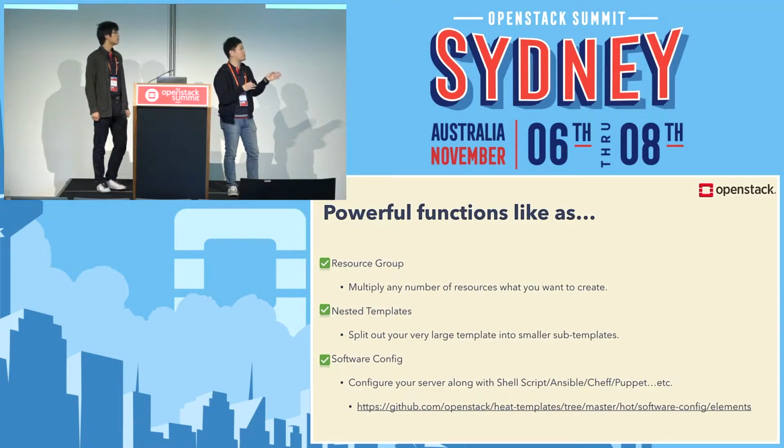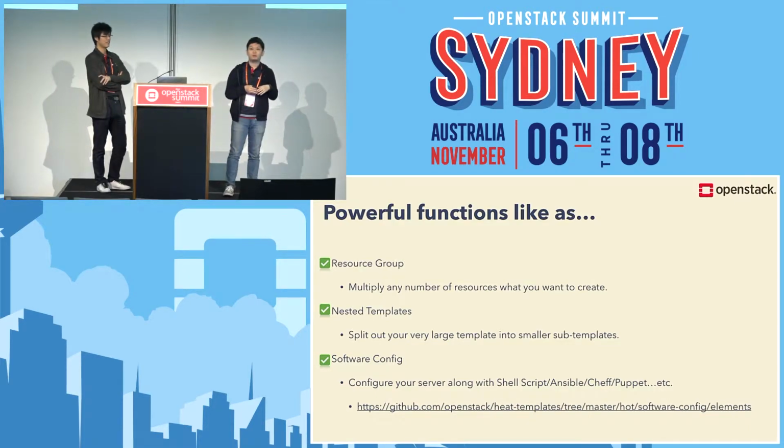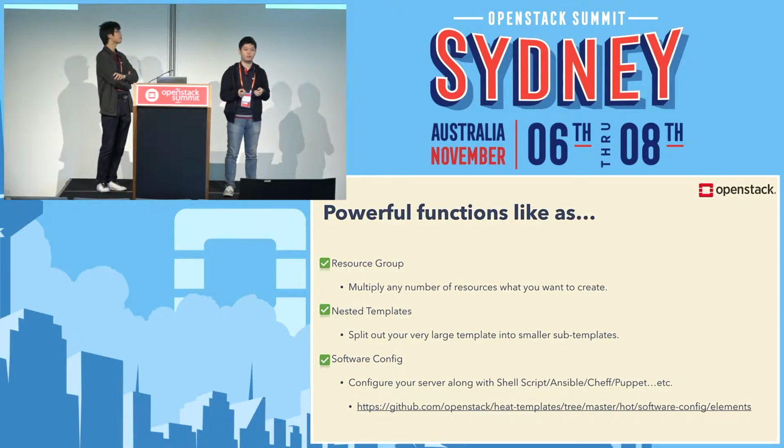And also, rather than just provisioning your resources, I just picked my favorite functions of Heat. For example, maybe you have more than 50 or 60 Nova instances, a really large scale tenant, and if you want to make that by Heat, you have to describe more than 50 or 60 Novas in text format.